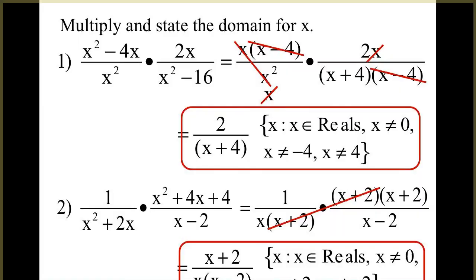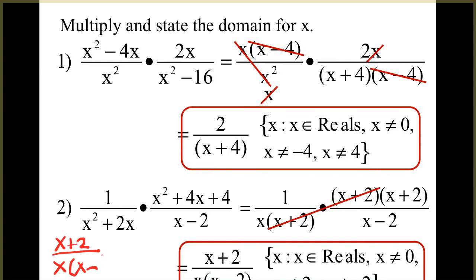And the simplified version of the second problem is x plus 2 over the quantity of x times the quantity of x minus 2. It's supposed to be a 2, that last one.